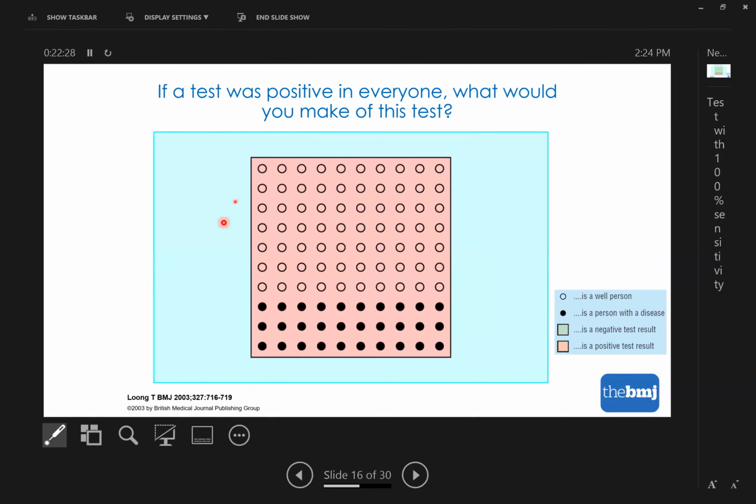But its specificity is disastrous because it has wrongly labeled a whole bunch of healthy people as COVID-19. So this is a great example of a test that's 100% sensitive, but terrible in terms of its specificity. In fact, the specificity is 0 because all of the healthy people have been wrongly labeled as having disease by this test. So not a good situation to be in.